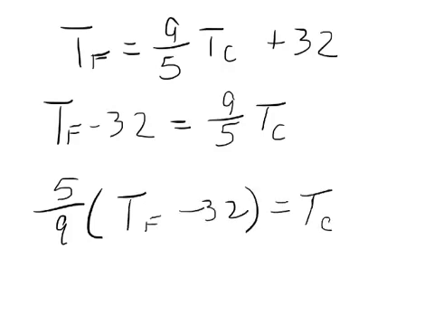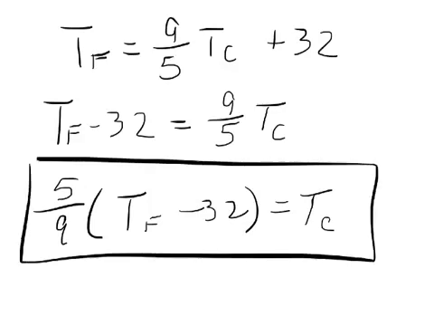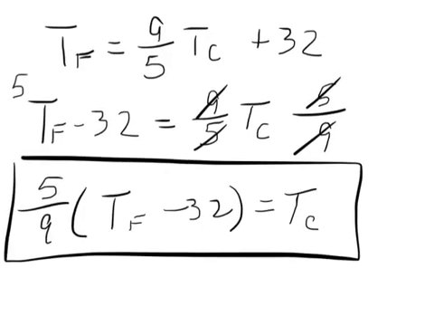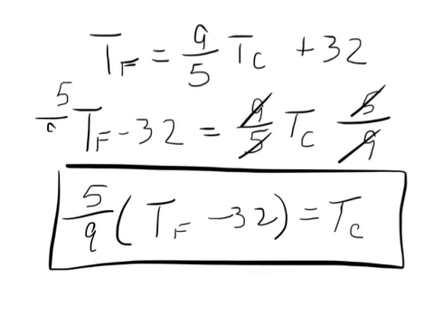So if you're ever given a temperature in Fahrenheit and you want to figure out the temperature in Celsius, you can use this relationship right here. Okay? Again, multiplying by 5/9 to get rid of the fraction.